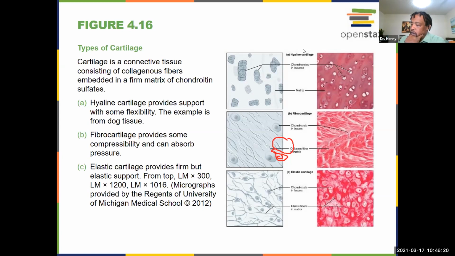Where is a lot of our cartilage located? Is it like the bone area? Okay.